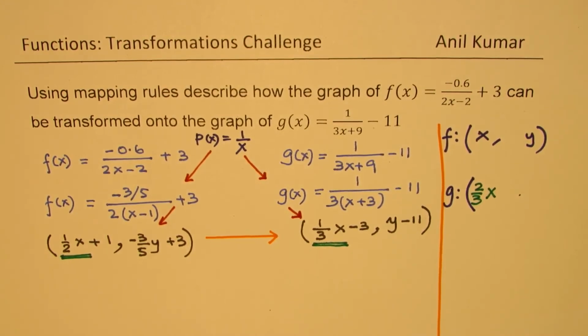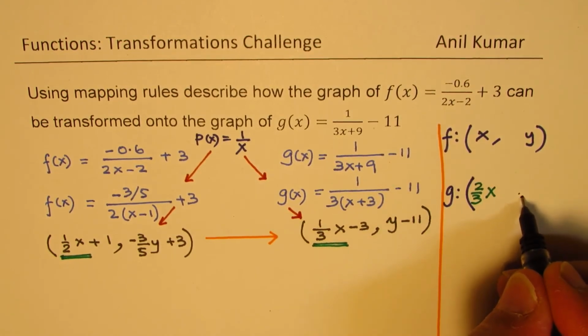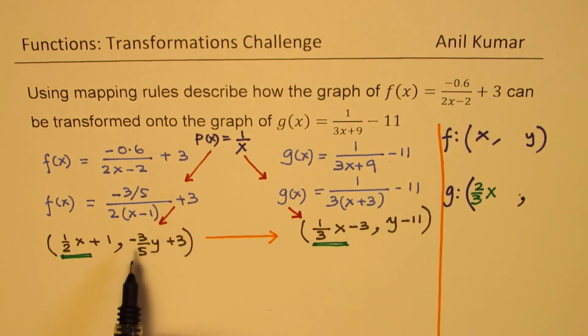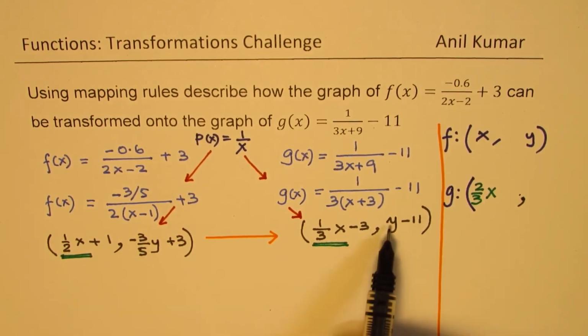Now let's get into the vertical transformation. In the case of vertical transformation, the y value is minus 3 by 5 and here it is just y.